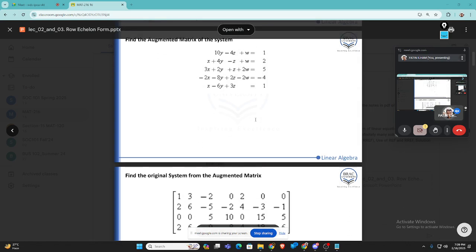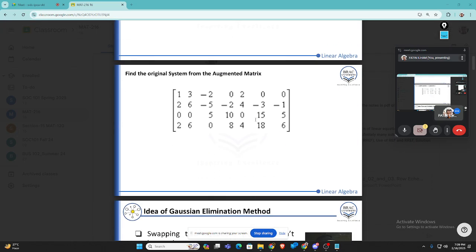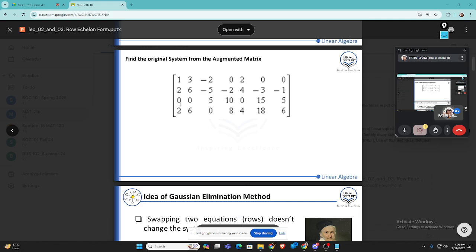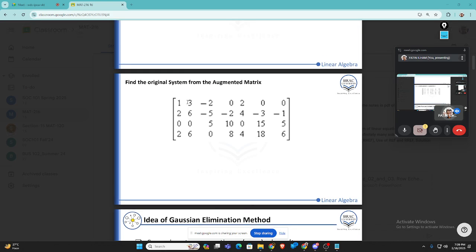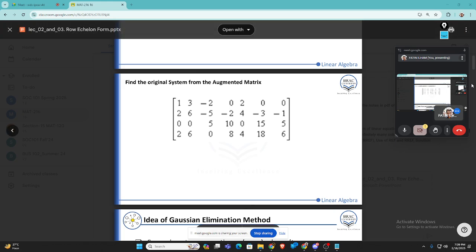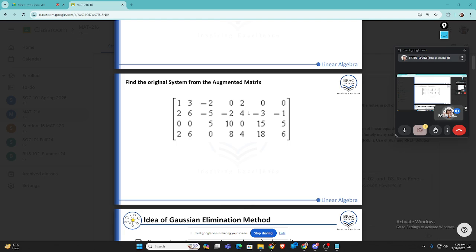Alright, oh, I love this one. This one's actually easy. Now I have to tell you that when you are declaring a variable, you don't necessarily have to use x, y, z.